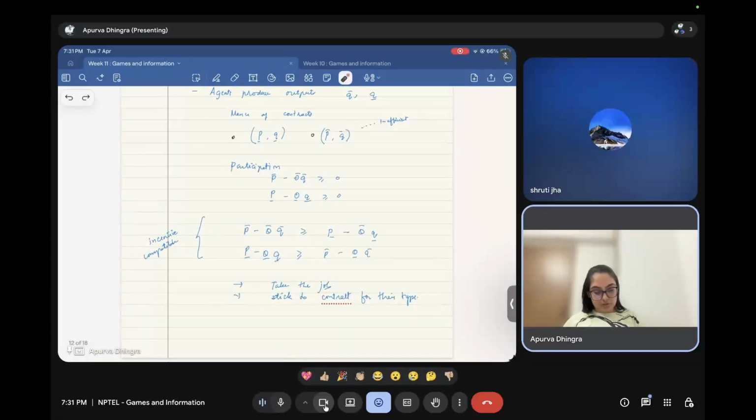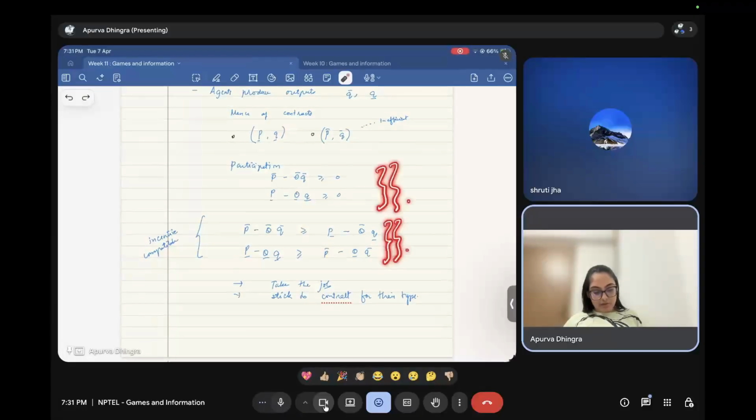So this condition was the participation constraint. Now this condition tells us how to design these menus of contracts, and this is called incentive compatibility. If the players decide to take the job, this will ensure that they stick to the contract that is appropriate for their type.